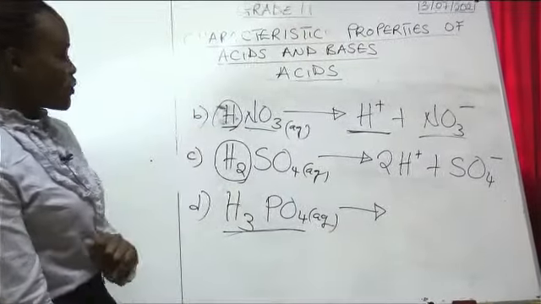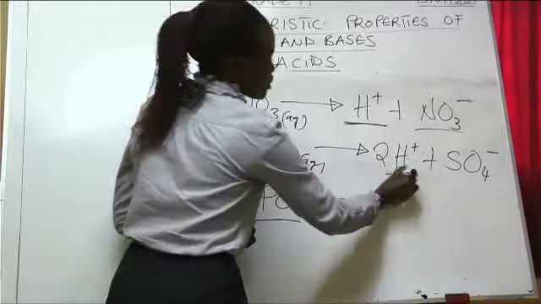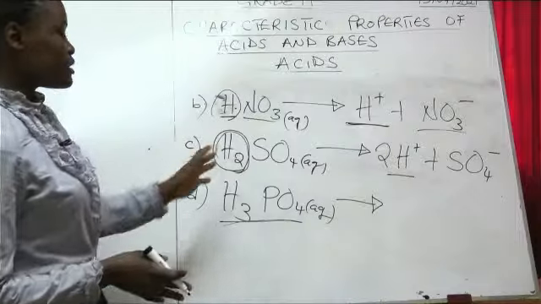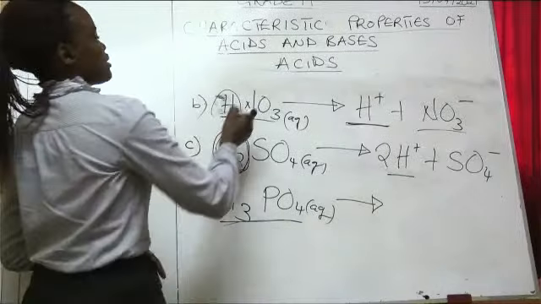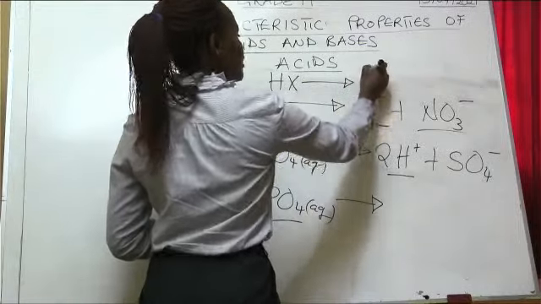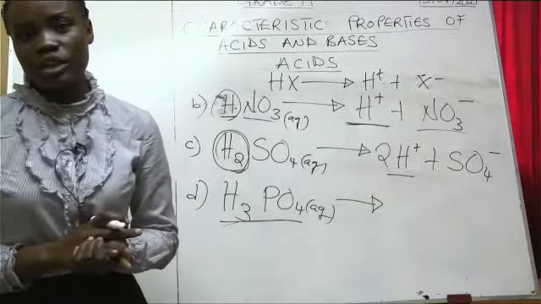When we ionize sulfuric acid, here this is the hydrogen, so it will become positive, then the sulfate becomes negative. That's the way it is. So the general formula is that if this is our acid, when you ionize it, there should be a positive hydrogen ion. This is where our lesson ends for today. Thank you.